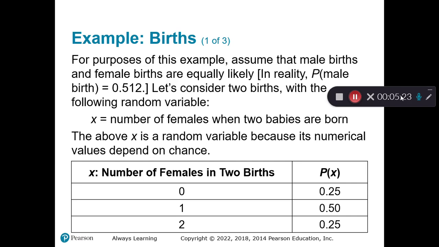That's 1 out of 4 outcomes, which means that the probability of getting no girls is 1/4 or 0.25. 2 of those outcomes have exactly 1 girl, boy then girl or girl then boy. 2 out of the 4 outcomes then would give us a probability of 1/2 or 0.5 for getting exactly 1 girl. And finally, 1 out of those 4 outcomes has exactly 2 girls. That's the girl-girl combination. And that's 1 out of 4 possible outcomes, which gives us a probability of 1/4 or 0.25 for getting exactly 2 girls.